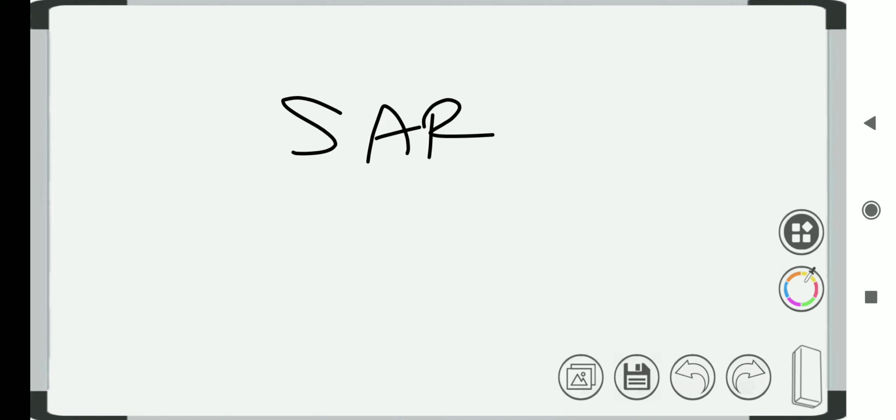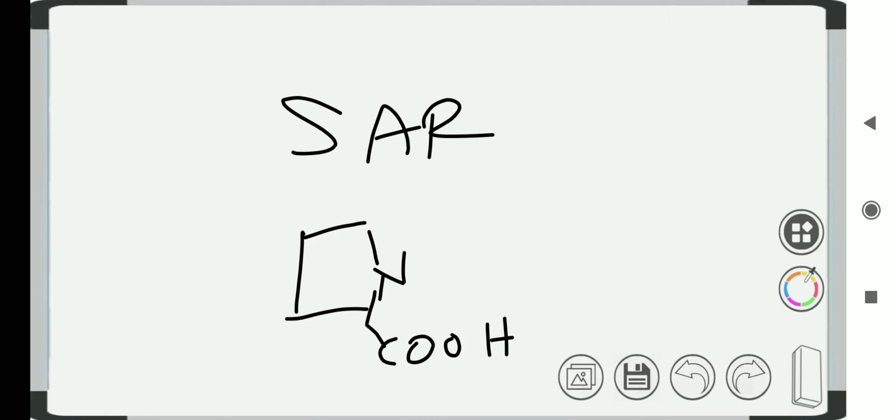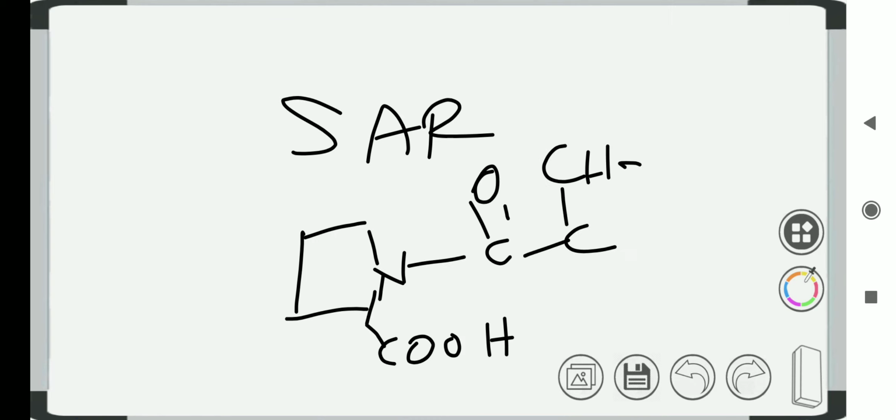For the structure activity relationship of captopril, we have the carboxylic group here. The carboxylic group is important, it will generate the carboxylate and bind with the positive charge of ACE. Similarly, the carbonyl group is also going to make a hydrogen bond with ACE. That's why it's important there.